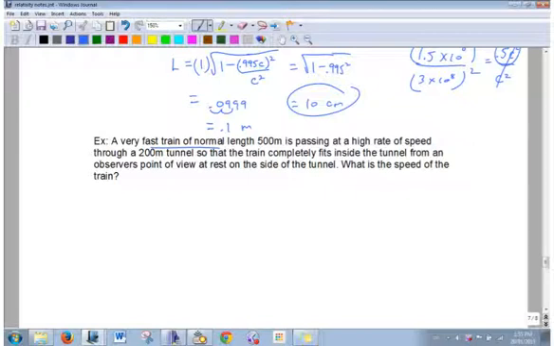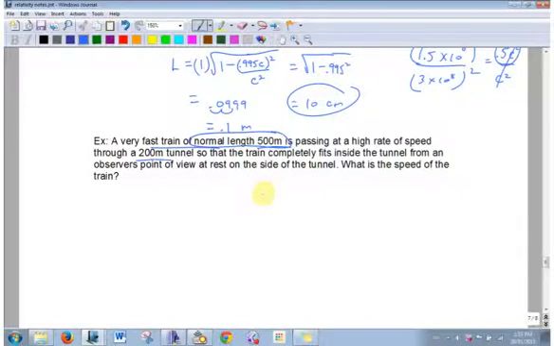Okay? So how does a 500-meter train fit in a 200-meter tunnel? Well, length contraction, yeah.